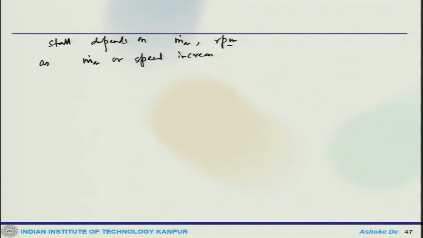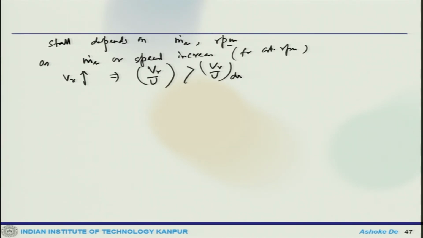So, which means stall depends on mass flow rate and RPM. So, as m dot A or speed increases for constant RPM, VR goes up, which means VR by u becomes greater than VR by u design. So, which causes negative incidence.